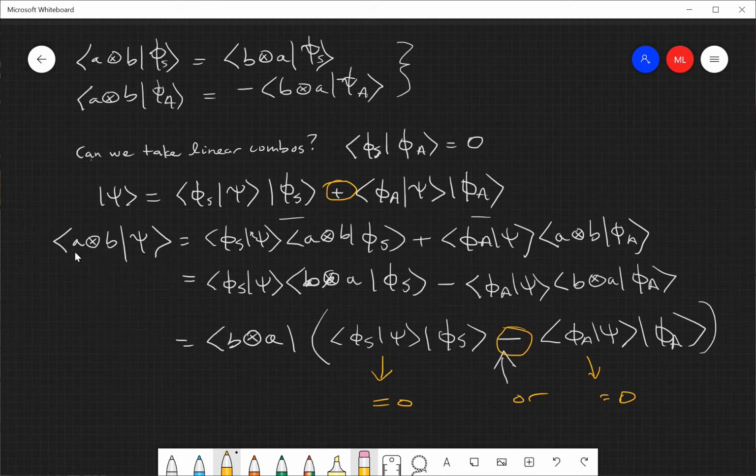You can think of these as the basis vectors which we're expanding in, and either the coefficients are going to be the same or they're going to pick up a minus sign when we exchange, you can think of it as exchanging the particle labels. So that's the only possibility, and that will have important consequences.